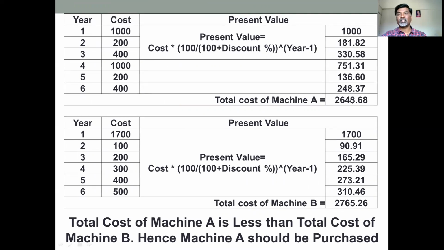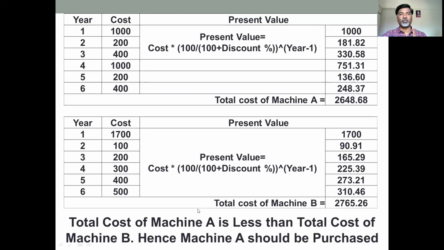From this we can easily identify that if you compare machine A and machine B for a period of 6 years, machine A has a total cost lower than the total cost of machine B. So if you are using machine A for 6 years, the total cost of machine A is less than the total cost of machine B. Hence machine A should be purchased.